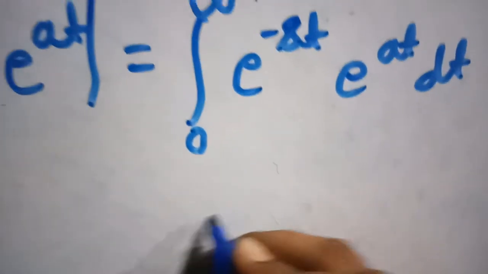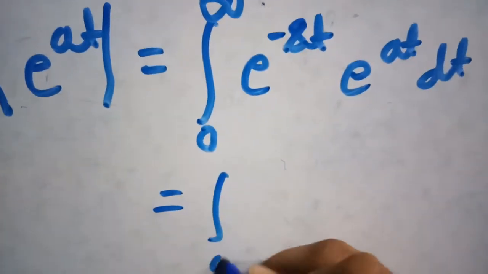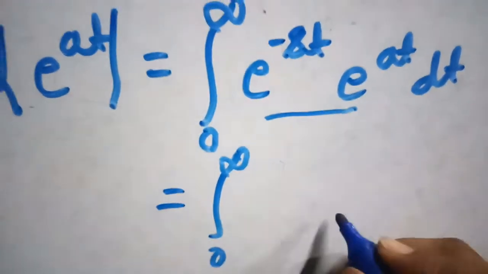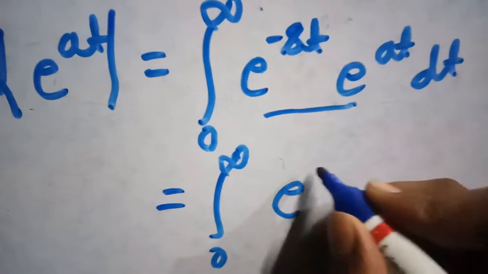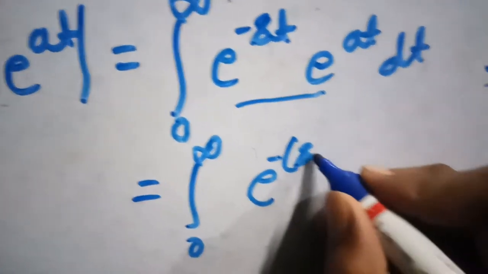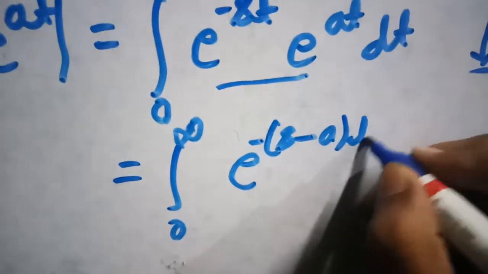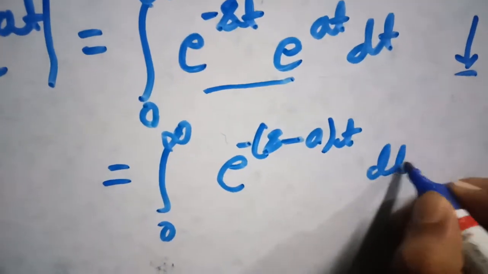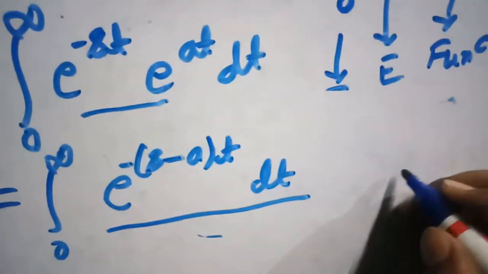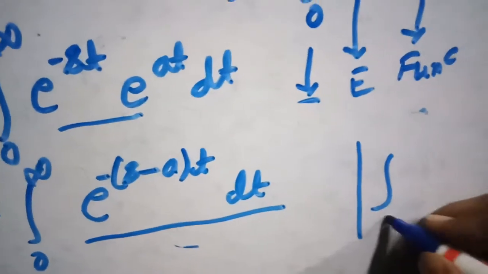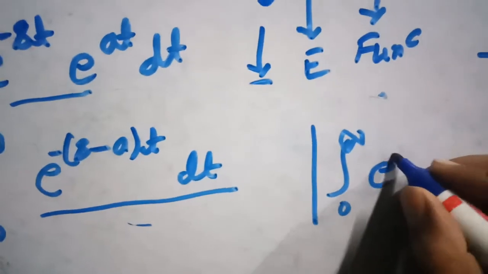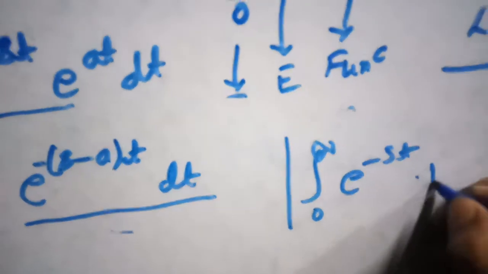Okay, clear? Then we just convert these two e to the power terms into one term, that is e to the power minus (s minus a)t, dt, and now just relate this term with the term integration of 0 to infinity e to the power minus st into 1 dt.